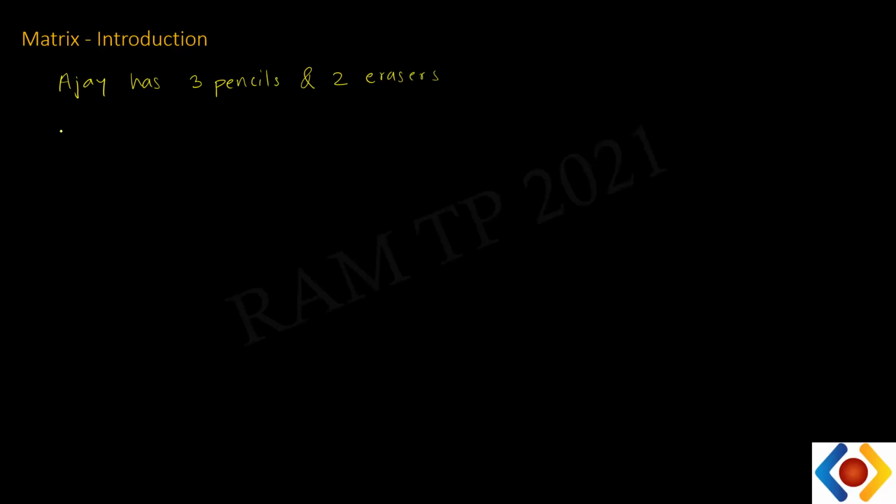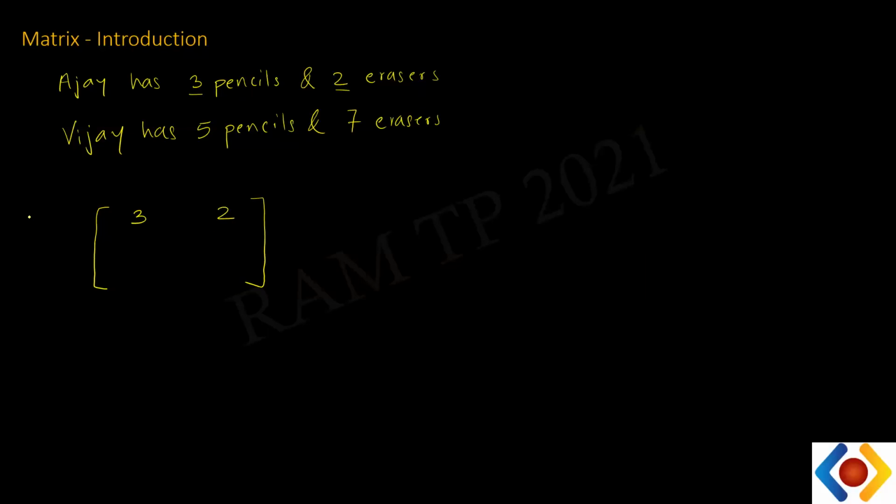Maybe say Vijay has 5 pencils and 7 erasers. If I want to show this information in matrix form, I can show something like this. For Ajay, these numbers are 3, 2, and for Vijay, these numbers are 5, 7.